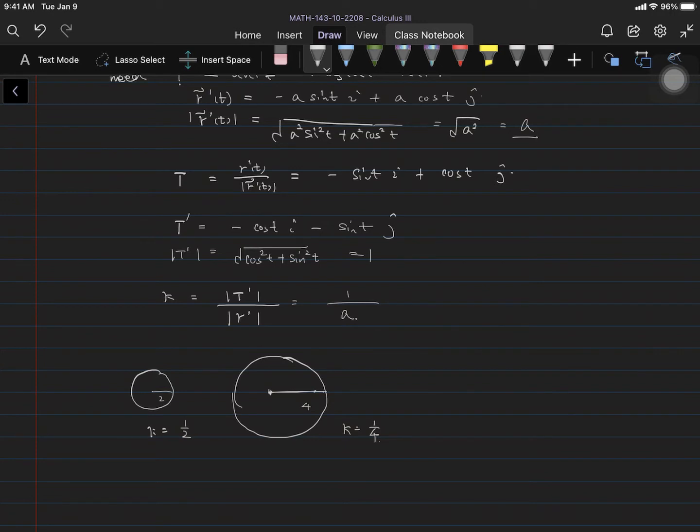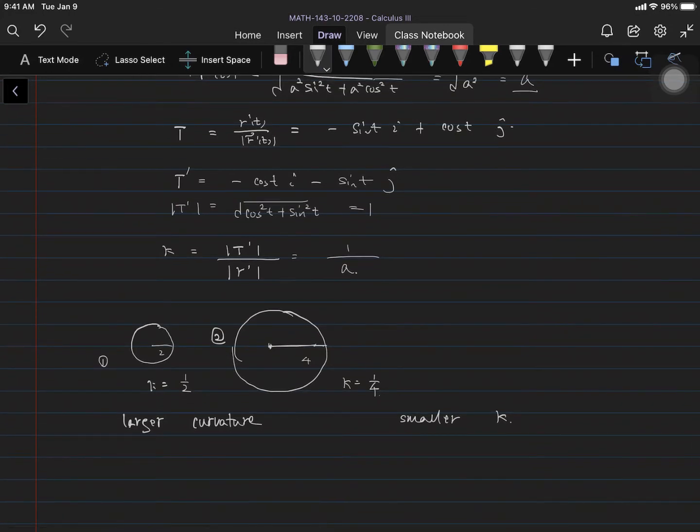So circle 1 has larger curvature, and circle 2 has smaller curvature. That means you can also see from the graph that the first circle turns quickly, and the second one turns slowly. That's the curvature.